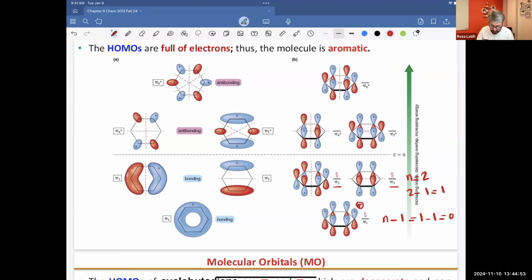Now, where can I put the node? I can put it here. I can put the node there. If I put the node crossing 2 bonds, on one side of the molecule I have 3 p orbitals, 3 p orbitals with the same phase.